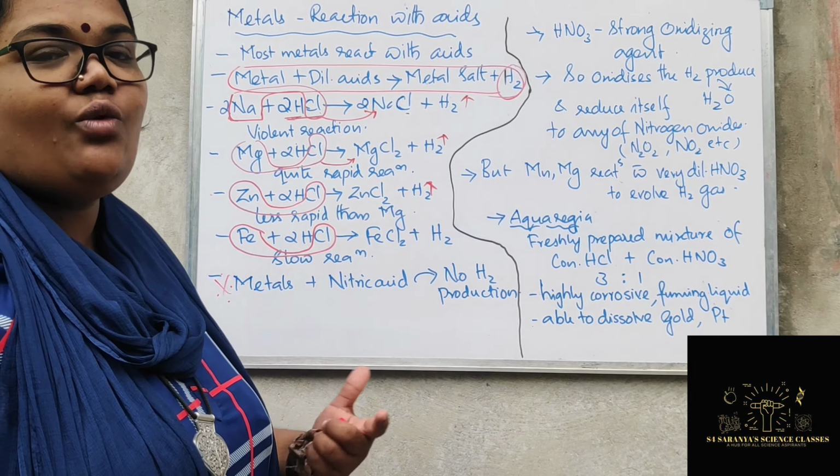Why? That's the main question. Nitric acid is a strong oxidizing agent, right? So you can remember that nitric acid, HNO3, is a strong oxidizing agent. Whatever hydrogen is produced after the reaction, it will immediately oxidize that hydrogen into water.